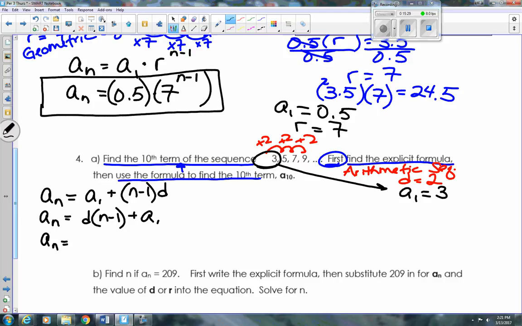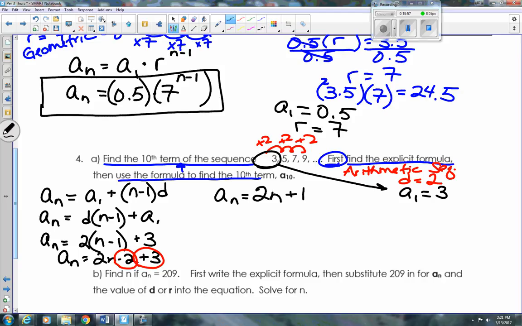A subscript n is equal to a d value of 2 times n minus 1 plus an a1 value of 3. Going to distribute my 2 and combine like terms. And our explicit formula becomes a subscript n is equal to 2n plus 1.